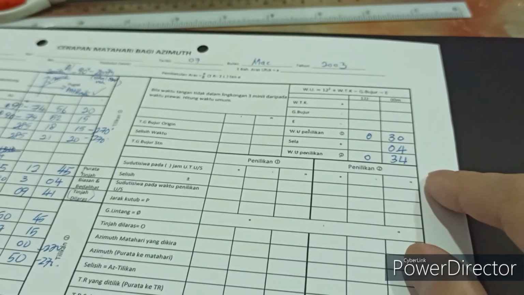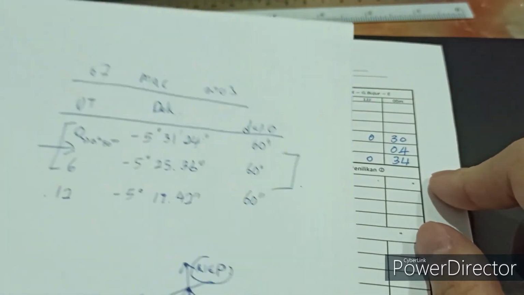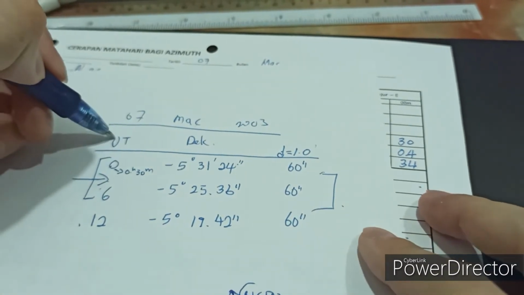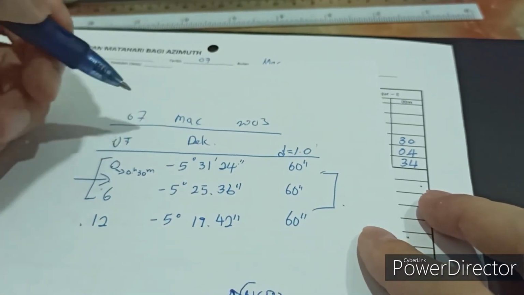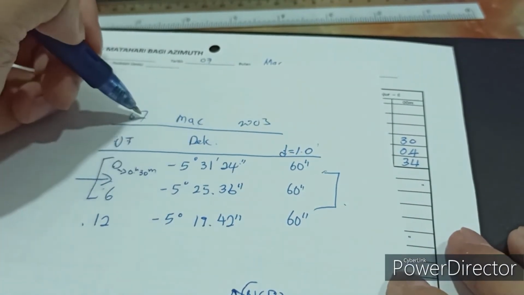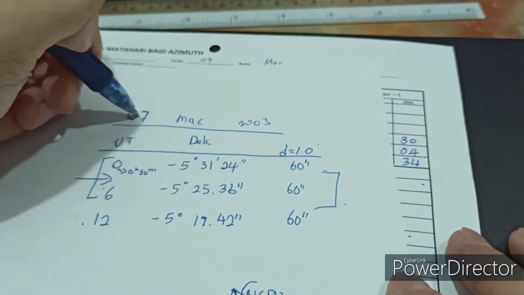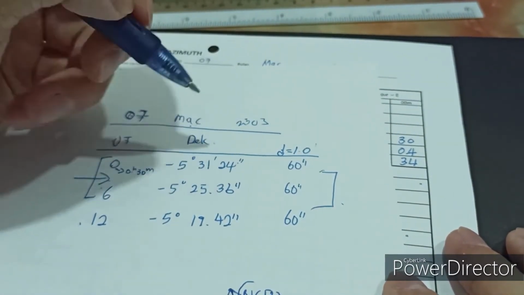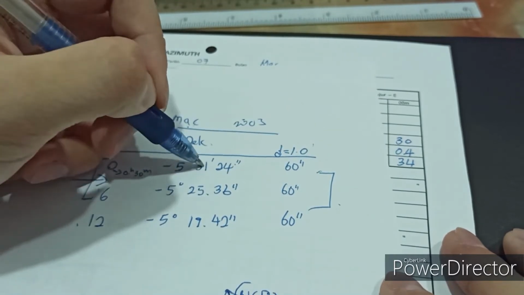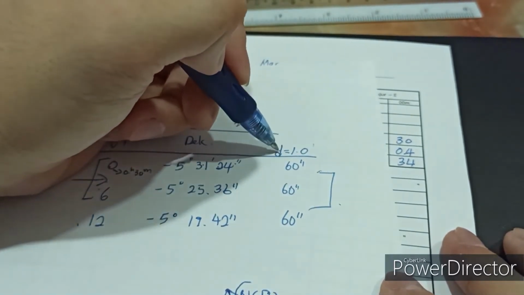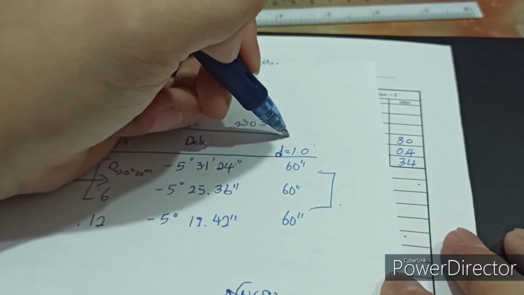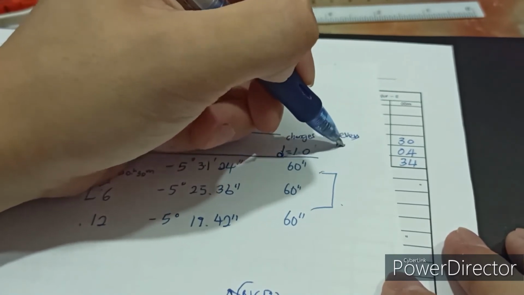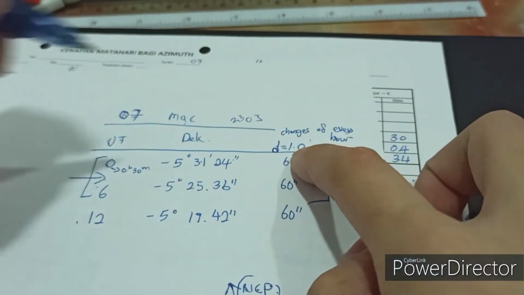For the almanac just now, I have copied down the almanac for you. This is UT, which means universal time. This is the declination of the sun on the date I want, 07 March 2003. The declination value is -5 degrees, 31, 24. And this small letter d is the change of every hour, which is 1 minute.